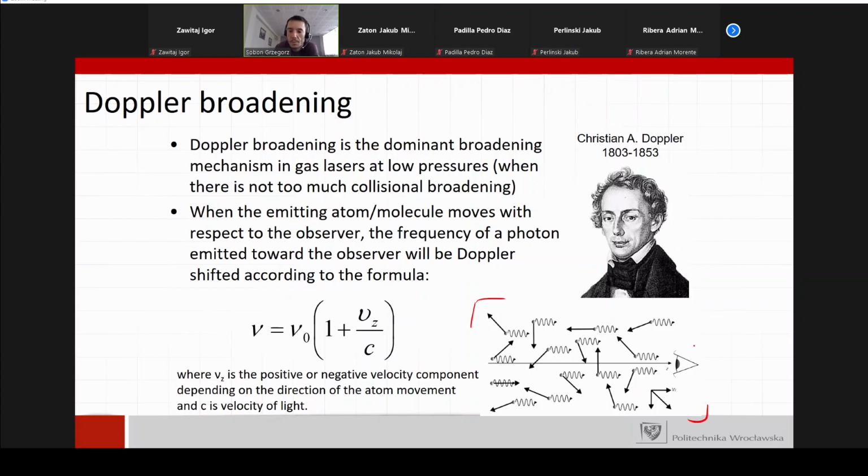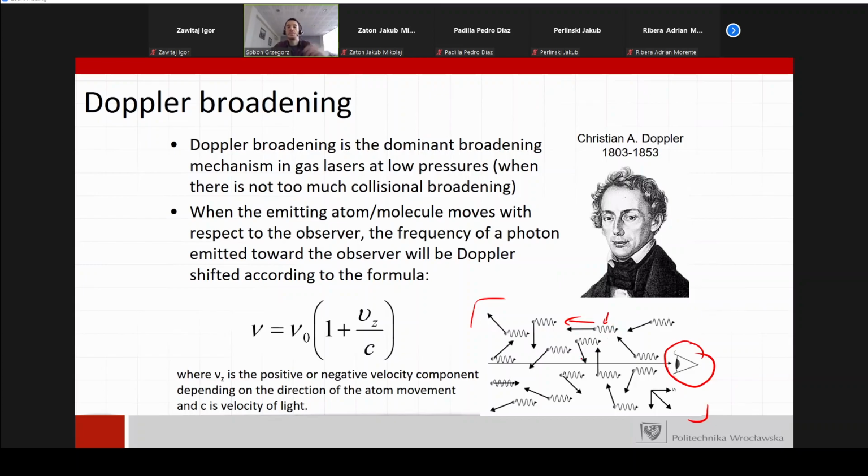This is the observer here, this is the eye, and we observe that the atoms emit photons, but the atoms are moving. So even if they emit the photons in the same direction, because this is stimulated emission, so the photons have the same phase and the same direction, the atom is moving. So if the atom is moving, for example, in this direction, then I will see a change in the frequency of the light emitted from this atom, right?